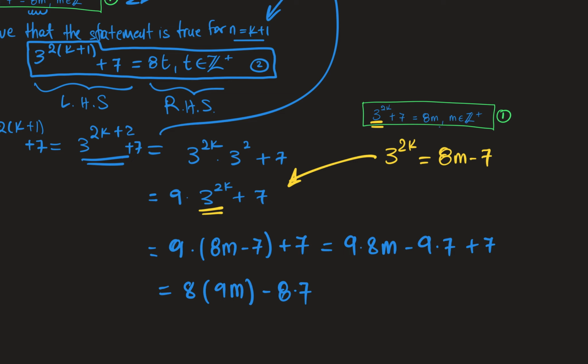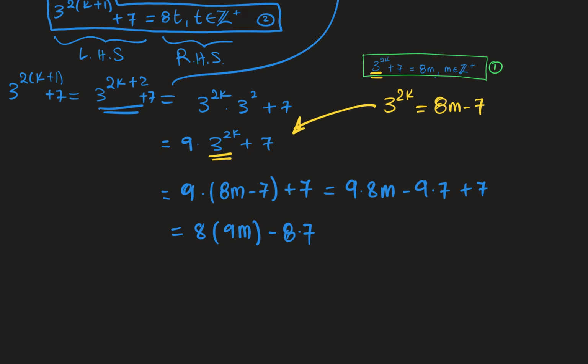As you've noticed, I'm not really doing any calculations because I want to end up with 8 times something. So if I factor 8 from both of those terms, I'm going to end up with 9m minus 7.